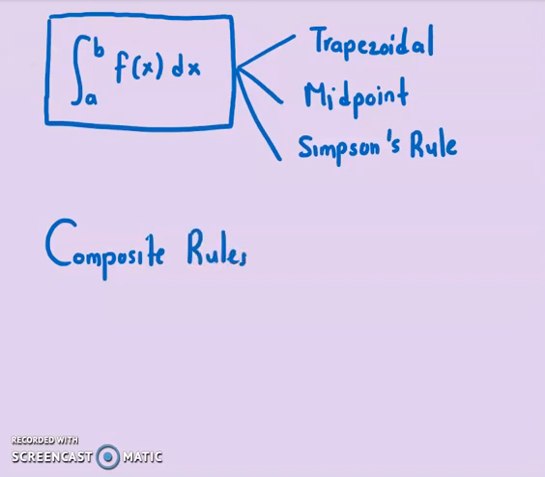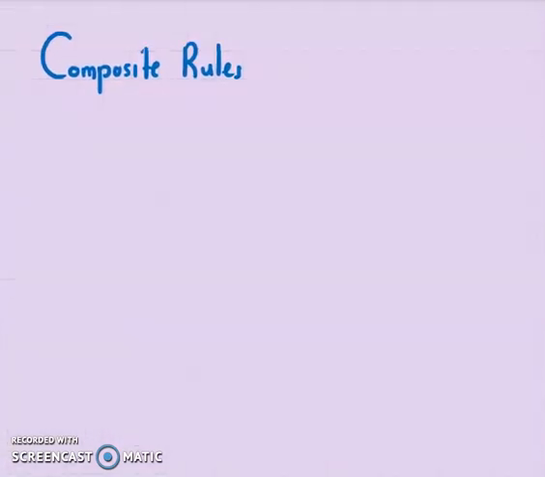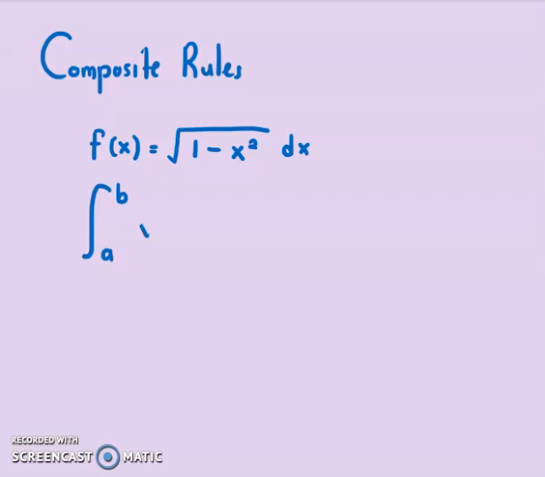Let's look at this function here: f(x) equals square root of 1 minus x squared. Let's say I want to integrate this from a to b, the integral of square root of 1 minus x squared dx.